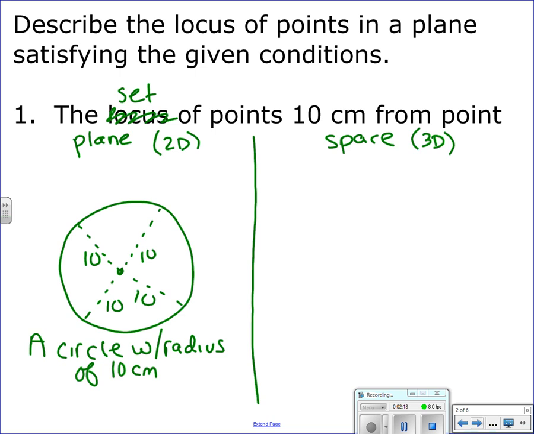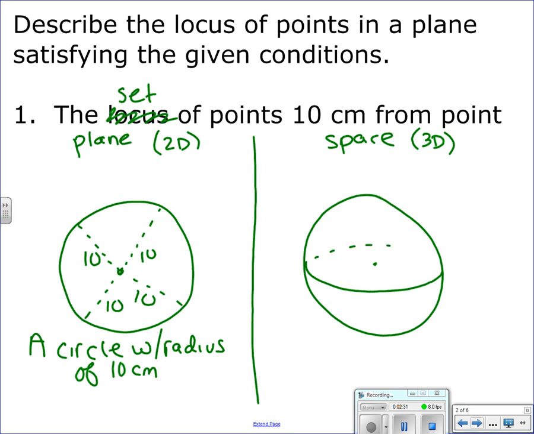So not just moving up and down, left and right, but moving front and back. So in space, you're actually going to have a sphere, where the radius of that sphere is 10 centimeters. So this would be a sphere with radius of 10 centimeters.